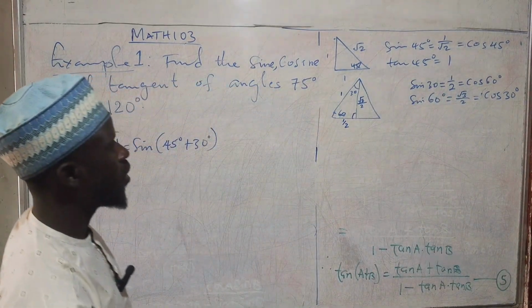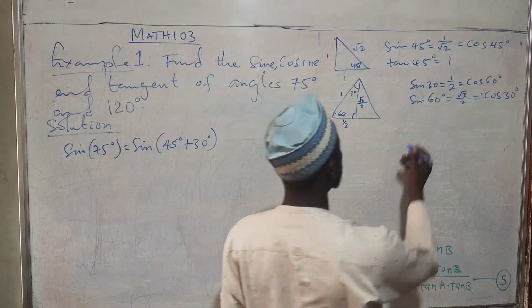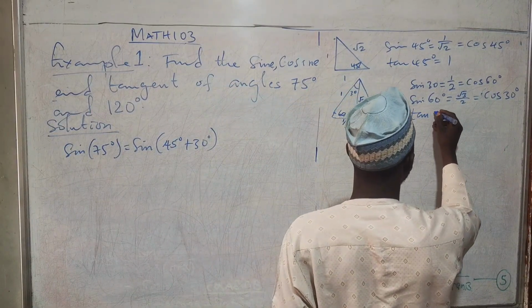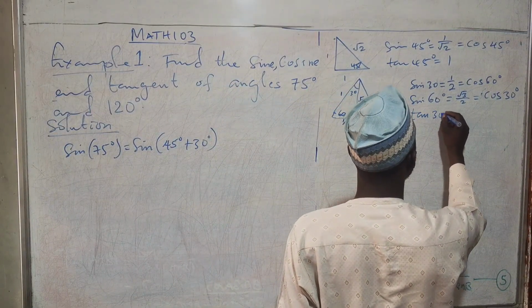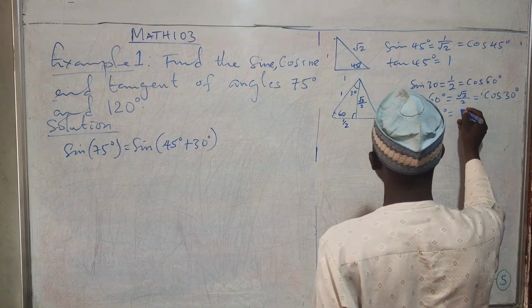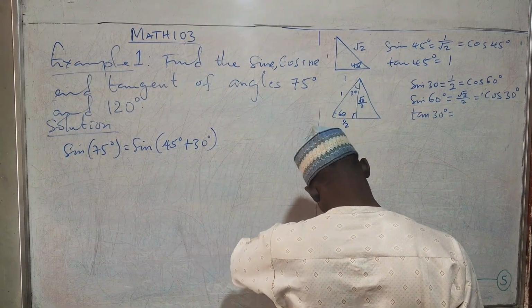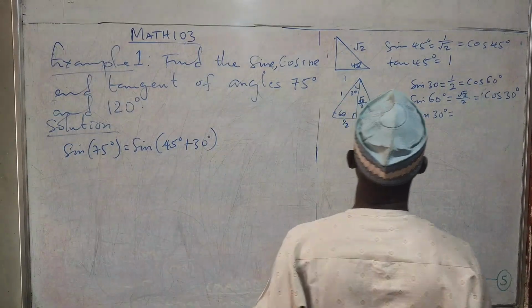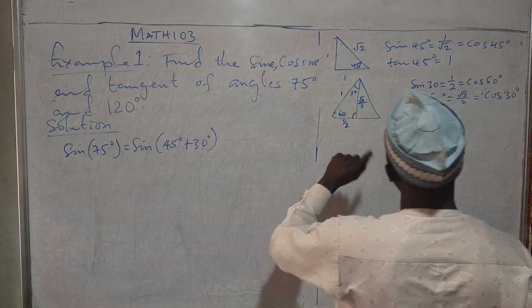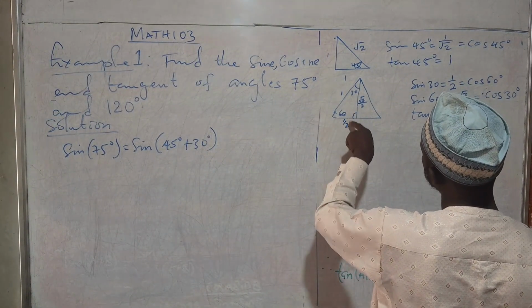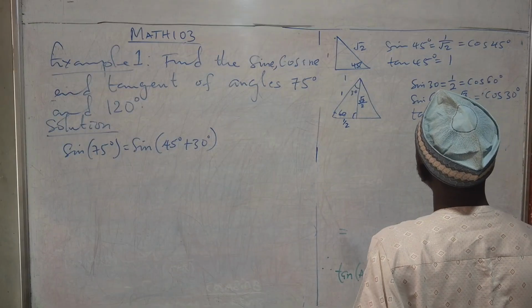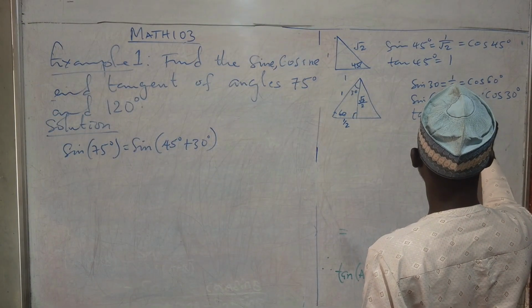Okay, we can now go ahead. But what is tan 30 degrees? That is opposite over adjacent, that is 1 over root 3.